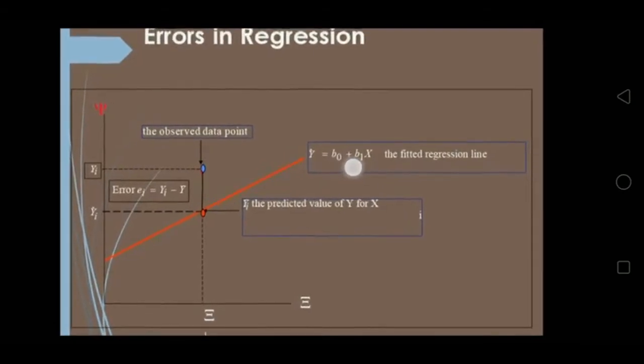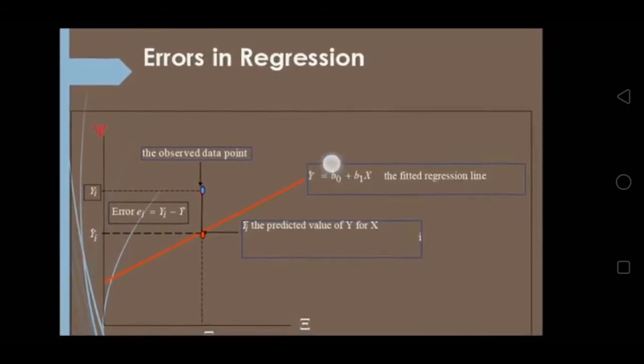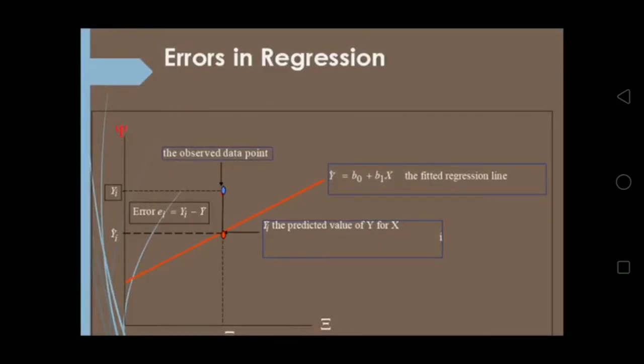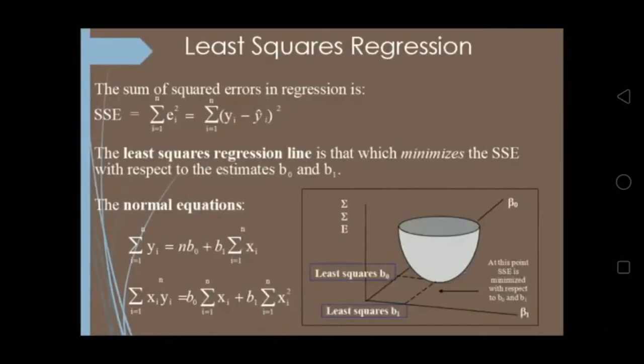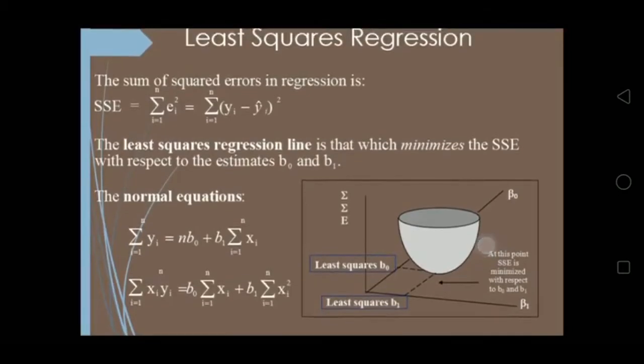Error in regression. An error term is a residual variable produced by a statistical or mathematical model, which is created when the model doesn't fully represent the actual relationship between the independent variables and the dependent variable, as in the graphic you can see below. Least squares regression. The sum of squared errors in regression is SSE = sum of e squared = sum of (y minus y hat) squared.